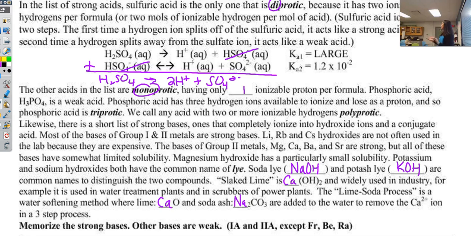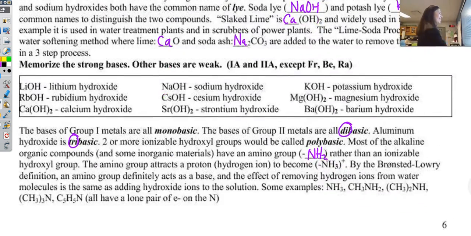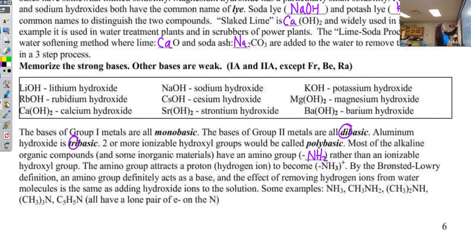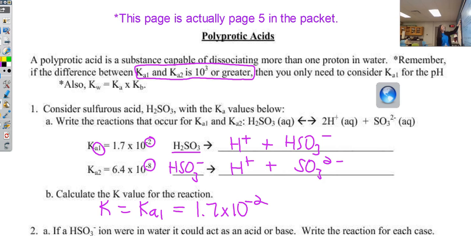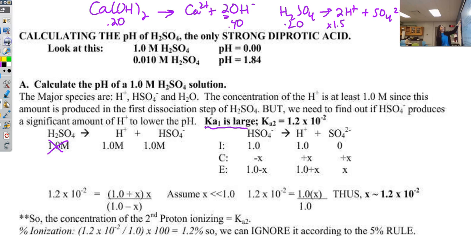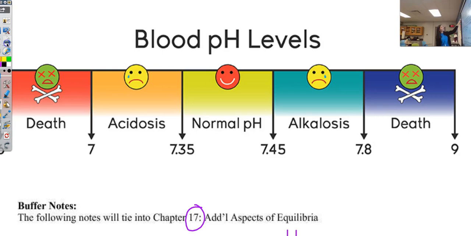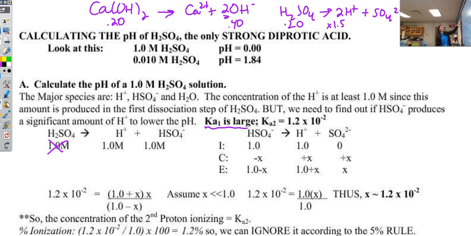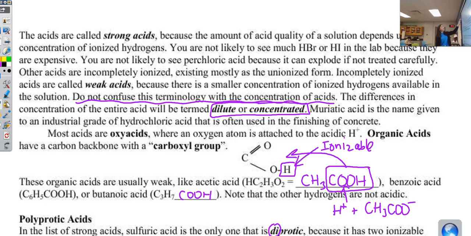So I usually will just say, calculate what it would be if you lost 1, calculate what it would be if you lost 2, and then it's somewhere in between for your pH. Okay, and last thing, everybody, we're going to do strong acids, strong bases, and then I think we are done with this. That's just explaining that, and then that's buffers. Okay. All right, here we go.